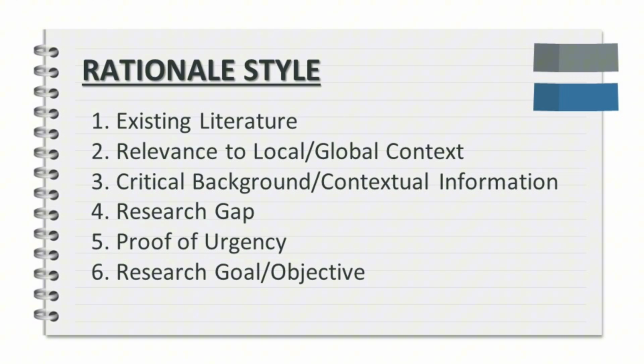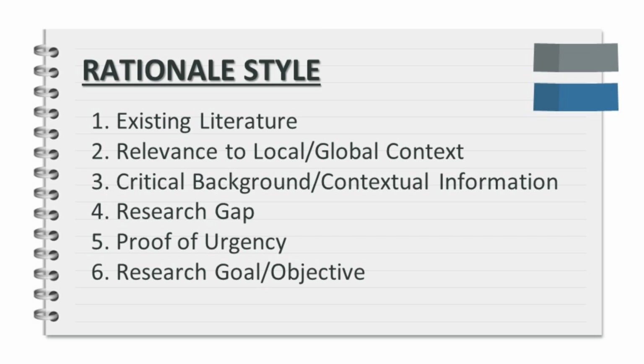Number 3, critical background or contextual information. Provide circumstances forming a background of your research that enables readers to understand the nature of the problem. Pwede itong narration of personal experiences, description sa isang article na nabasa mo, isang scene that you have witnessed, a news na napakinggan mo, or even a theory.